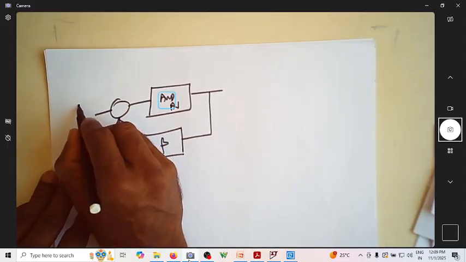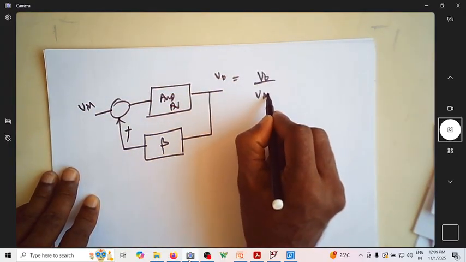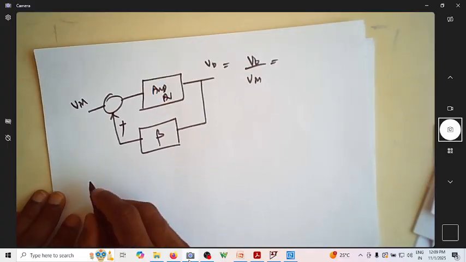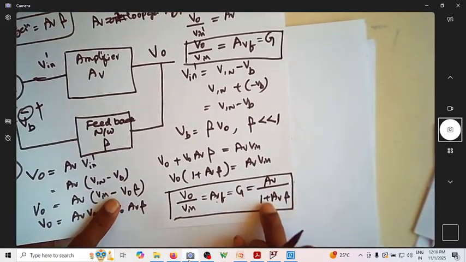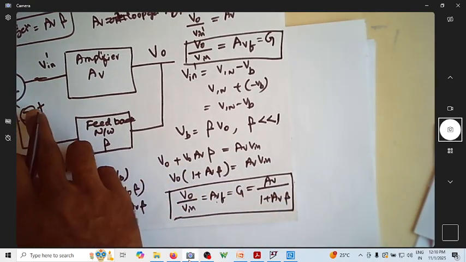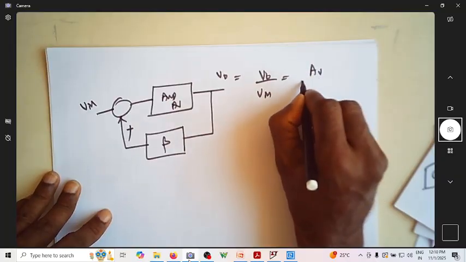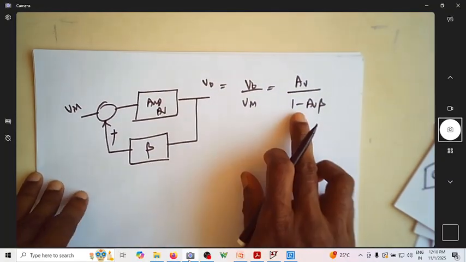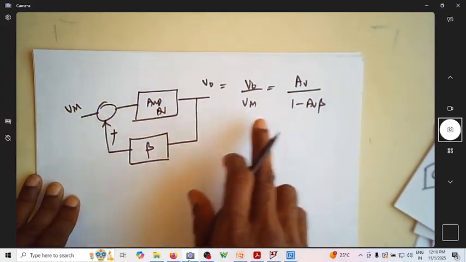If this is V in and V naught, what is V naught by V in? When it is negative feedback, it is AV by 1 plus AV beta. If it is positive feedback, we will end up with AV by 1 minus AV beta. This is the expression for the overall gain with positive feedback.